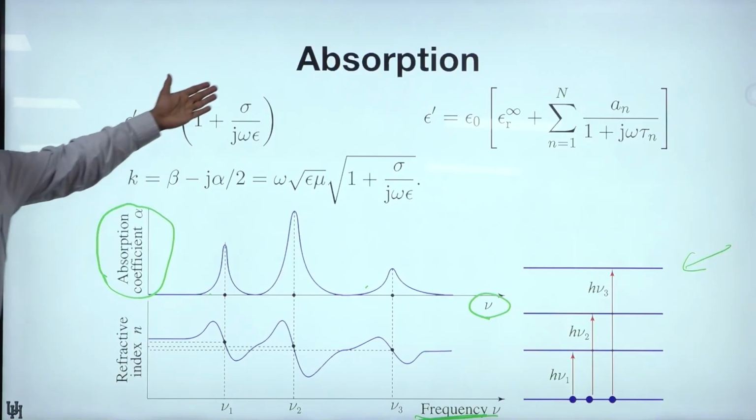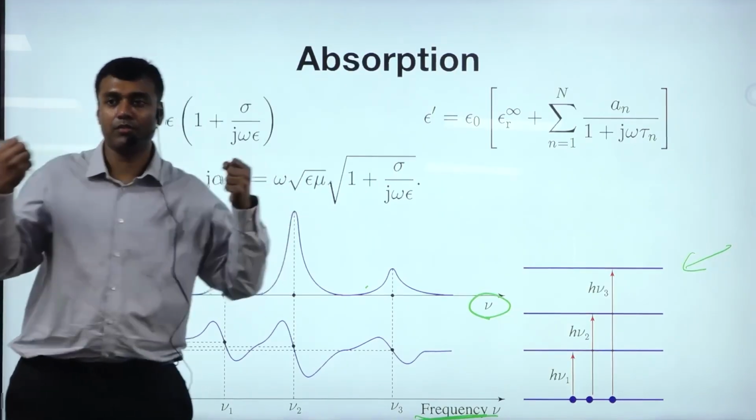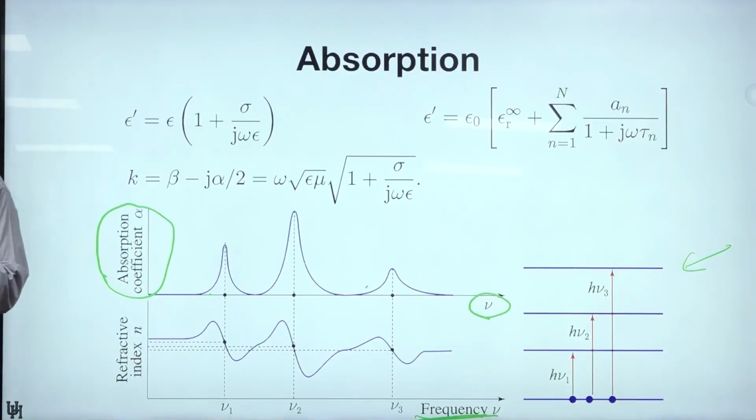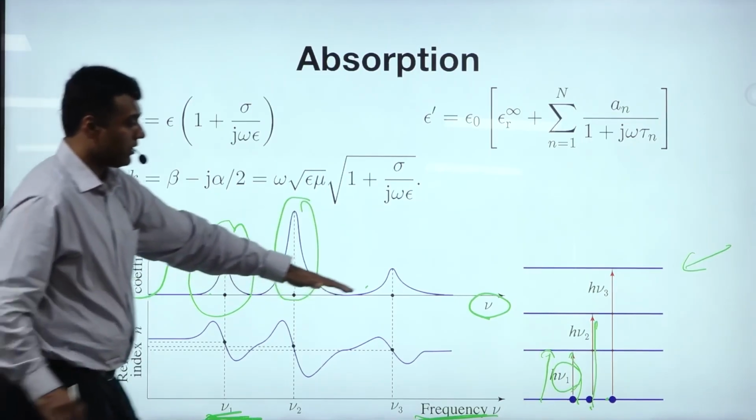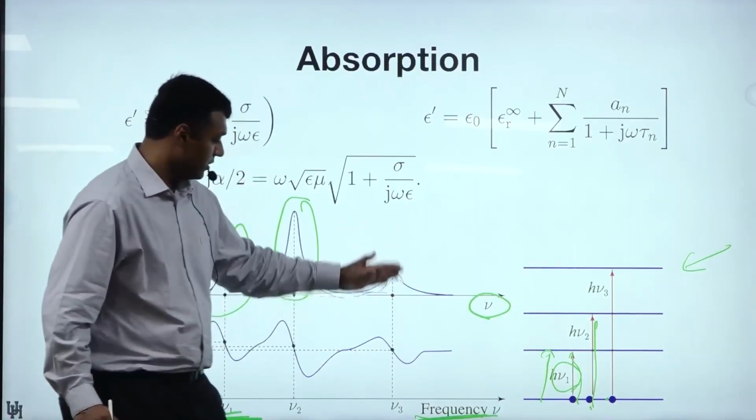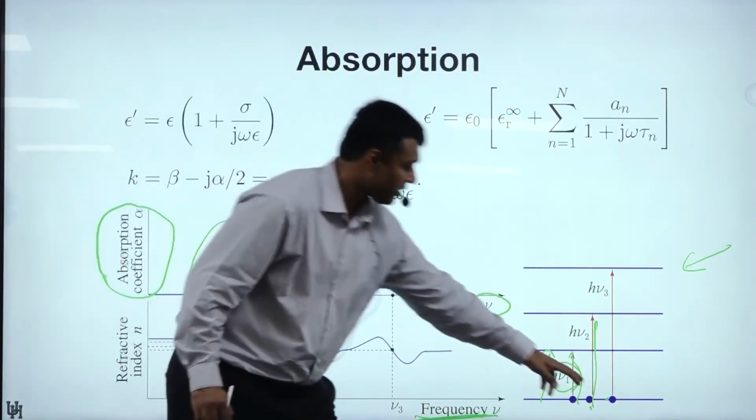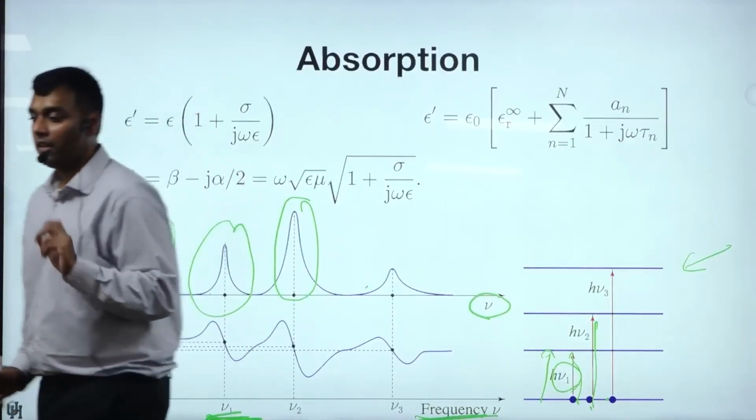That absorption results in a transition of the electron from one level to the other. Depending on the wavelength, at wavelength mu1, which corresponds to this peak, it could absorb and go here. At wavelength mu2, it could absorb and make this transition. At wavelength mu3, it could absorb and go to this level.